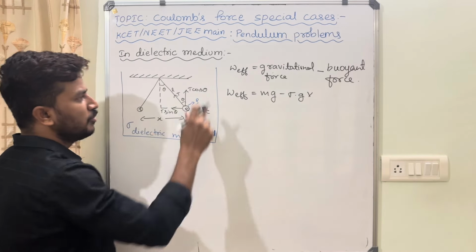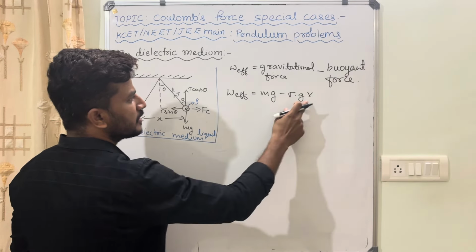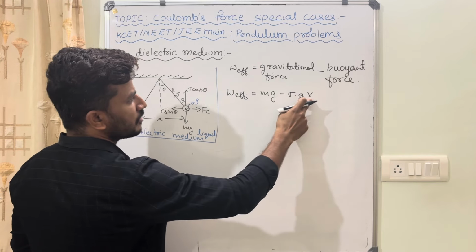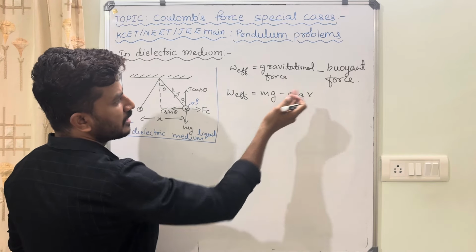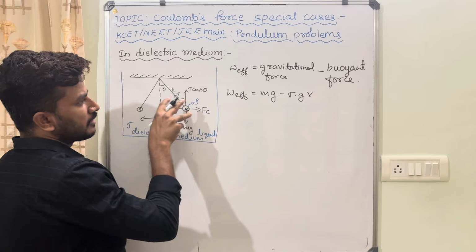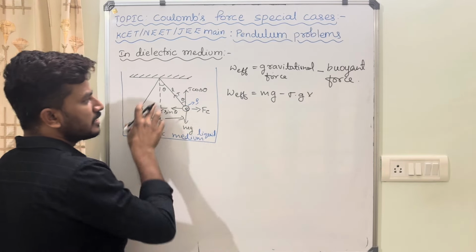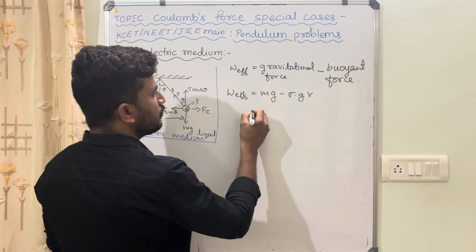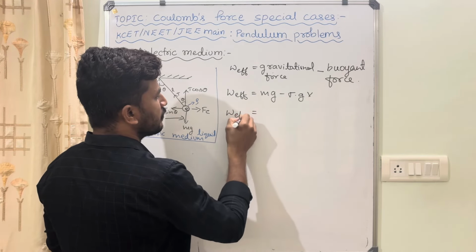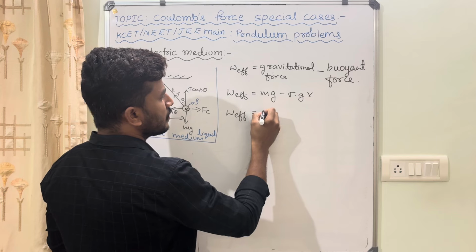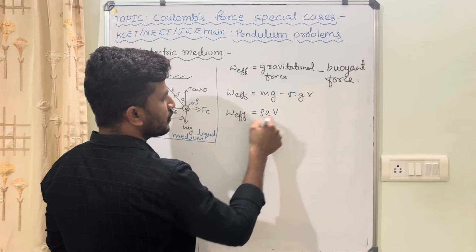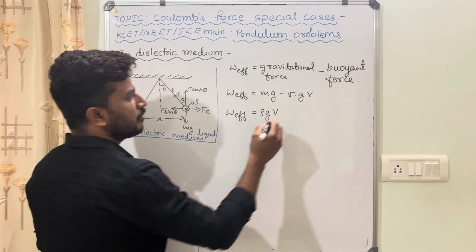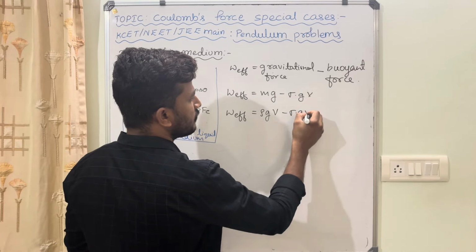V is the volume of the liquid displaced, g is the acceleration due to gravity, and sigma is the density of this liquid. So W effective is rho gV, where rho is the density of the bob, minus sigma gV.